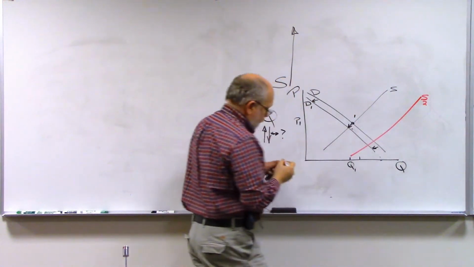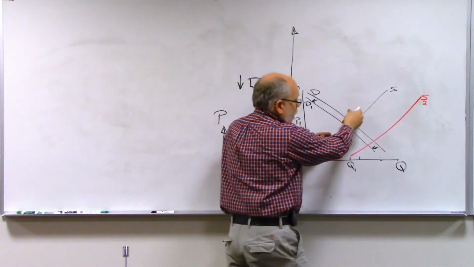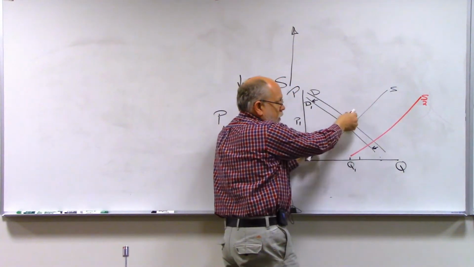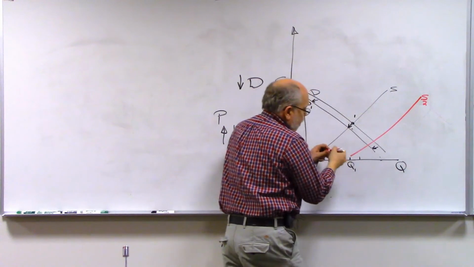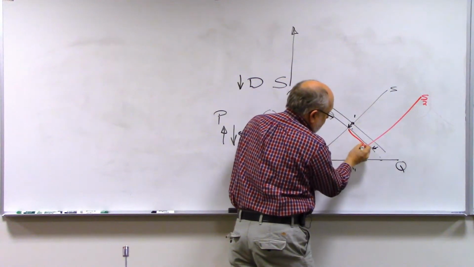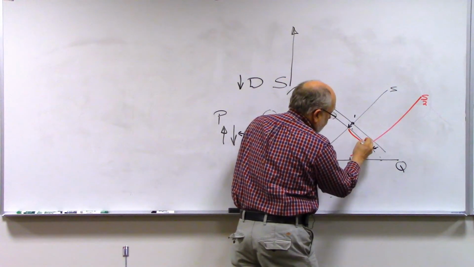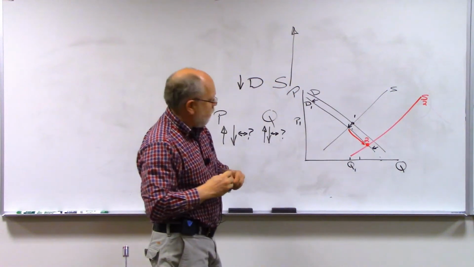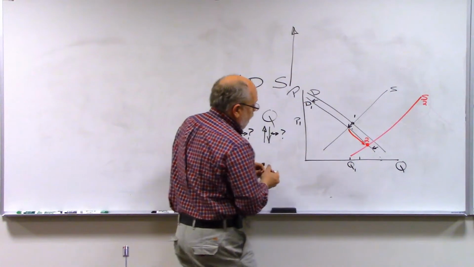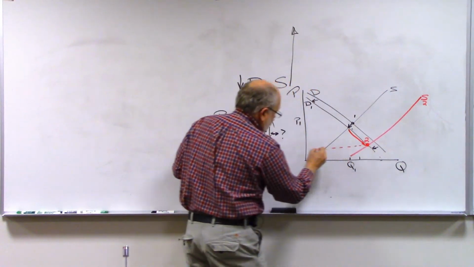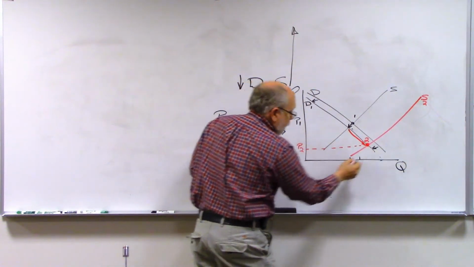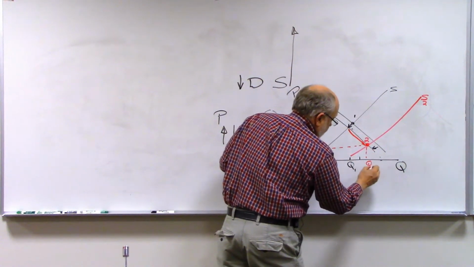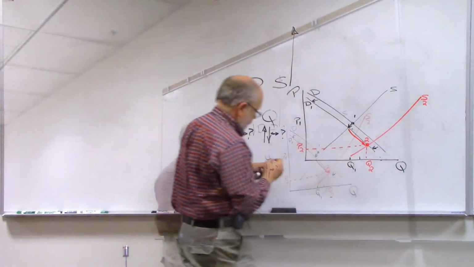S2. Now, we were here at this point, but when supply increased, it took us down to this point right here. We're going to call that P2. All right? So now we can get a P2, point 2, price 2, and a quantity 2.